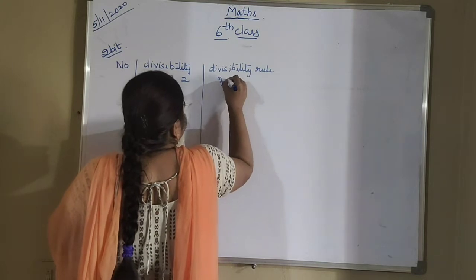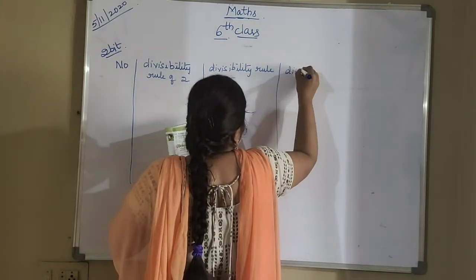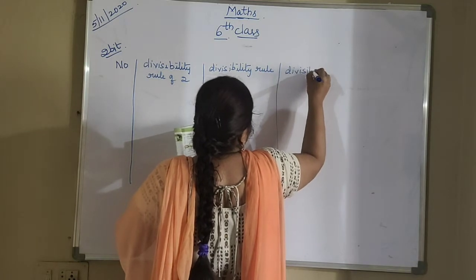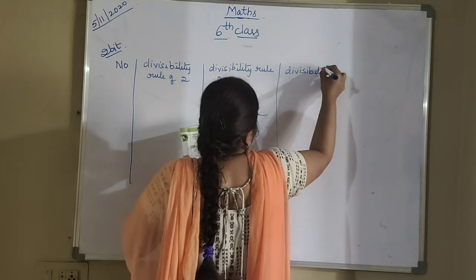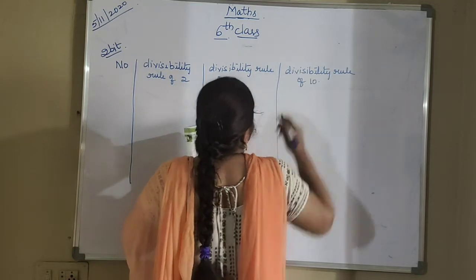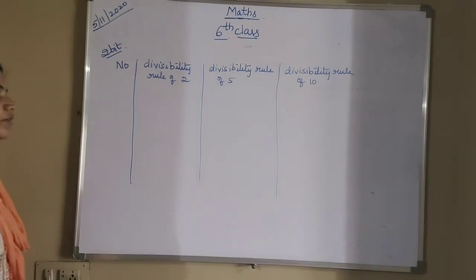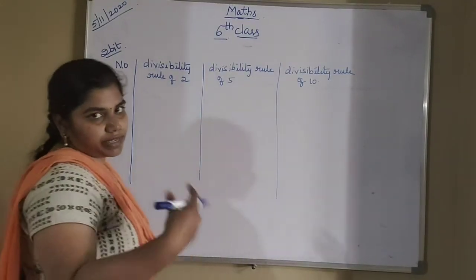Rule of 5. And rule of 10. So which numbers are divisible by 2, which numbers are divisible by 5 and which numbers are divisible by 10 we will see.